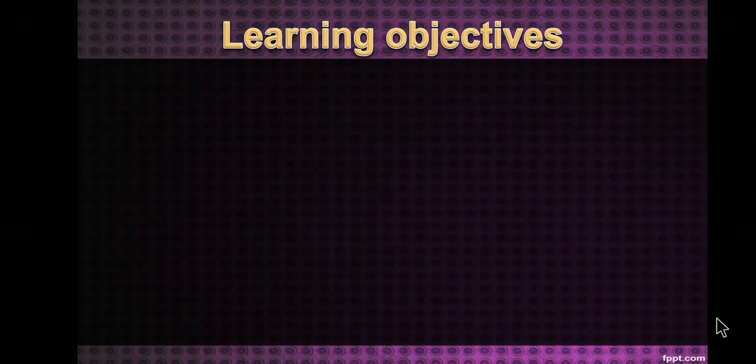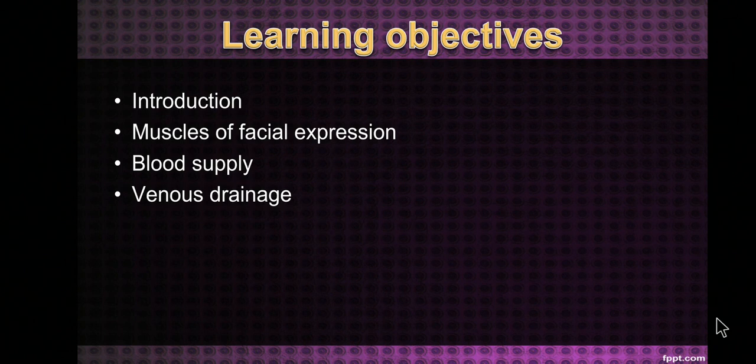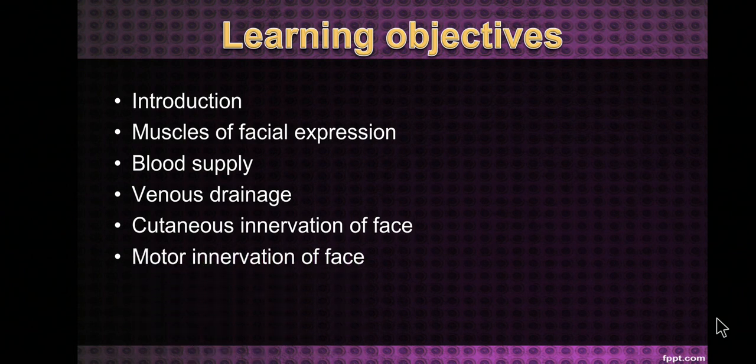Now, our learning objectives for today will be an introduction about the general features of the face as a whole, followed by that I will be discussing about the muscles of facial expression, then the blood supply, then the motor nerve supply, then the cutaneous innervation of the face, venous drainage, and applied aspects.